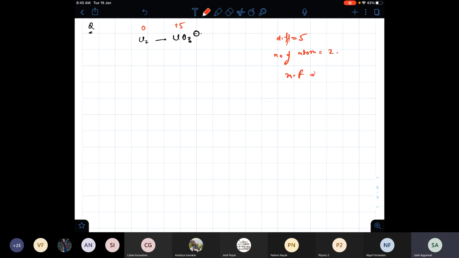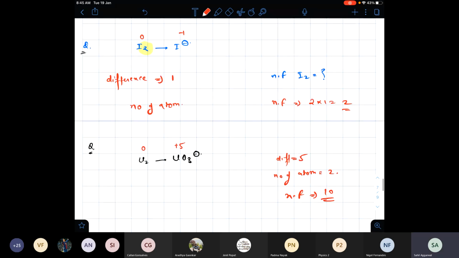So N factor is 10. Any doubt till here? All of you understood the N factor?